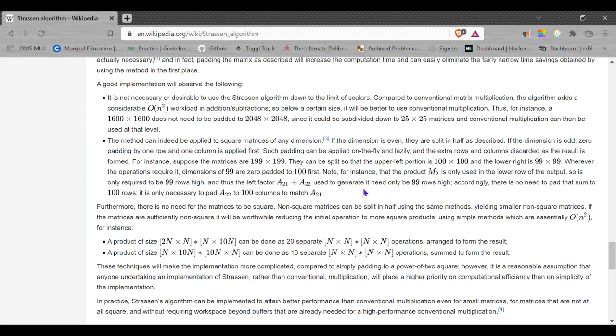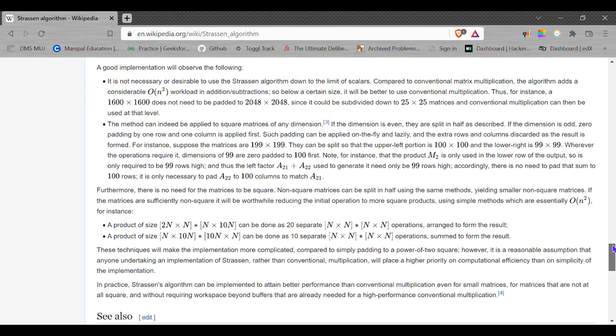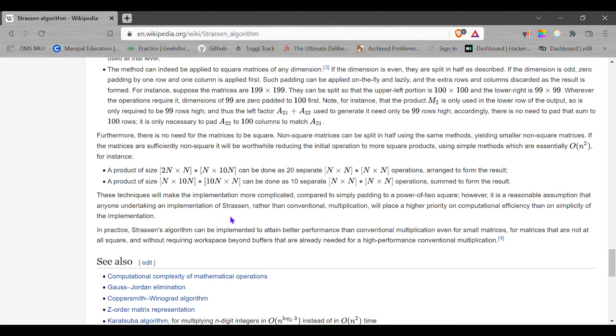So like they have said, they can be split into upper left portion and the lower right portion, and for this instance the product M2 is only used in the lower output, so only 99 rows high is required, and thus the left factor. So these are some ways in how we can divide it. There is no need for the matrices to be square.